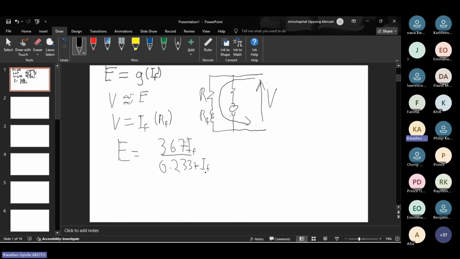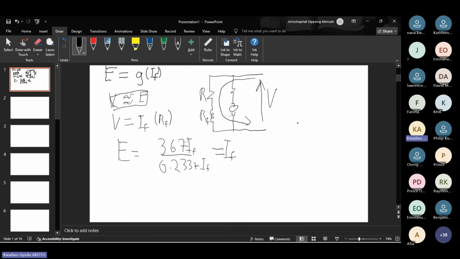And please, I'll be asking for you to punch the values for me, okay? So that I don't have to be using my calculator so that we can go faster. Okay, so this is equal to, we already know that on no load, our V is approximately equal to our E from here, right? So then we can just equate this to be equal to IF and our RF, which was given in our question.